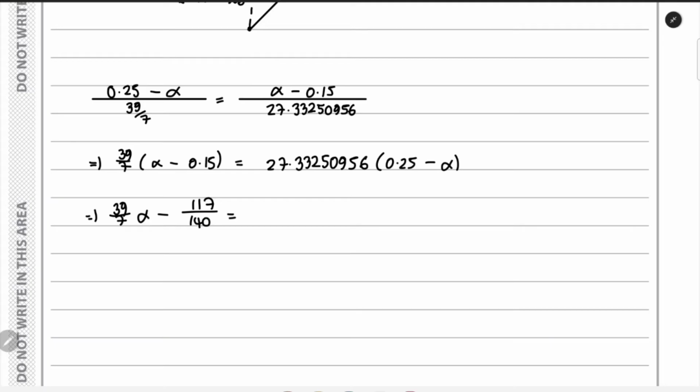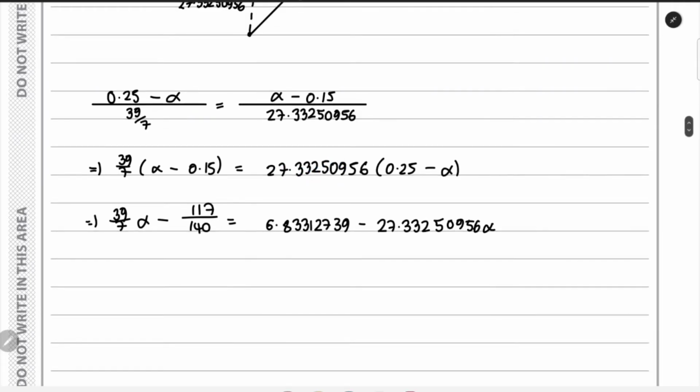And on the right side, I'll have 6.83312739 minus 27.33250956 alpha. It's not necessary to keep so many decimal places since our question asks for the answer to 3 decimal places. I can keep it to 4 decimal places and ignore the rest. That would make calculations easier.